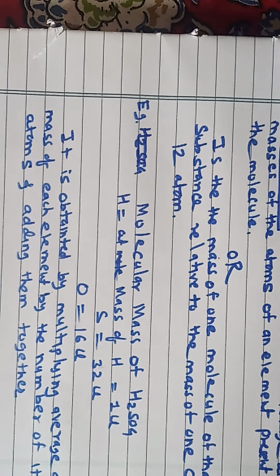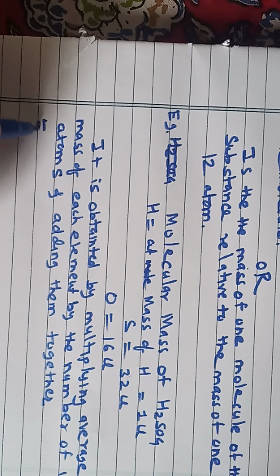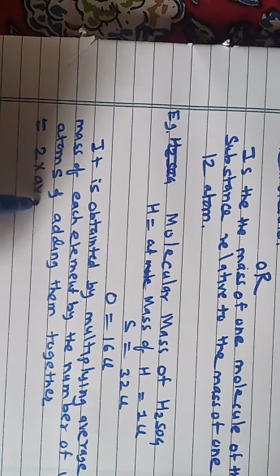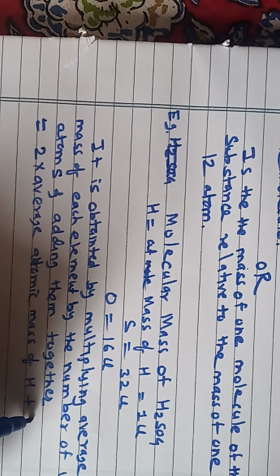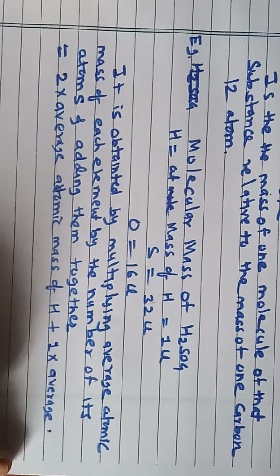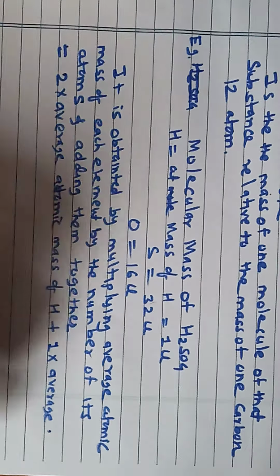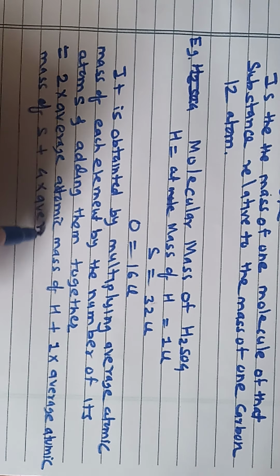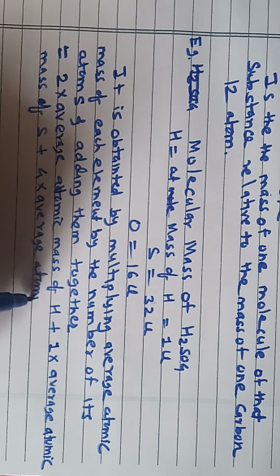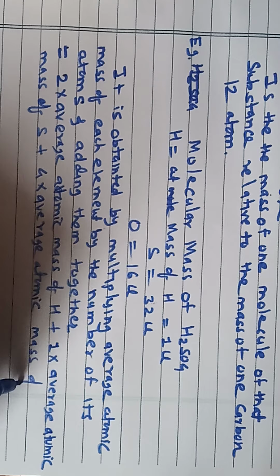So let us find out the molecular mass of H2SO4. Here hydrogen are 2, so 2 into average atomic mass of hydrogen plus 1 into average atomic mass of sulfur plus 4 into average atomic mass of oxygen.